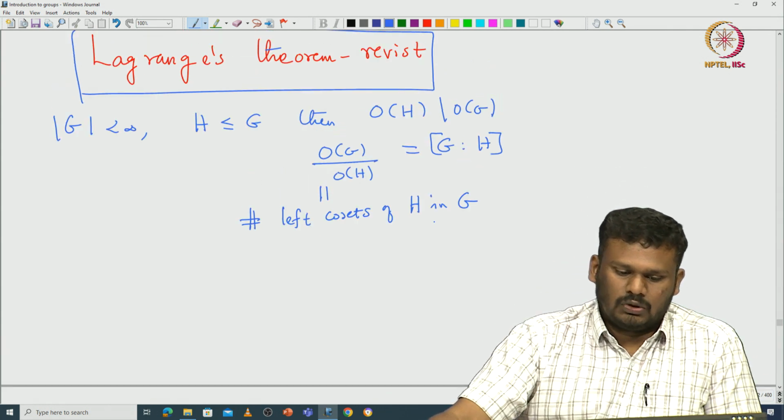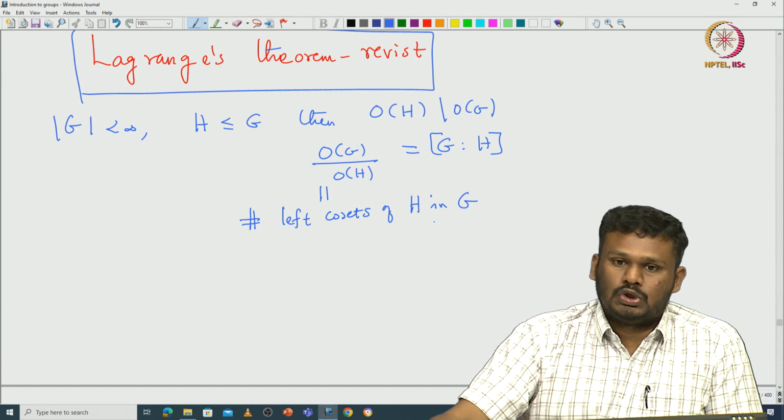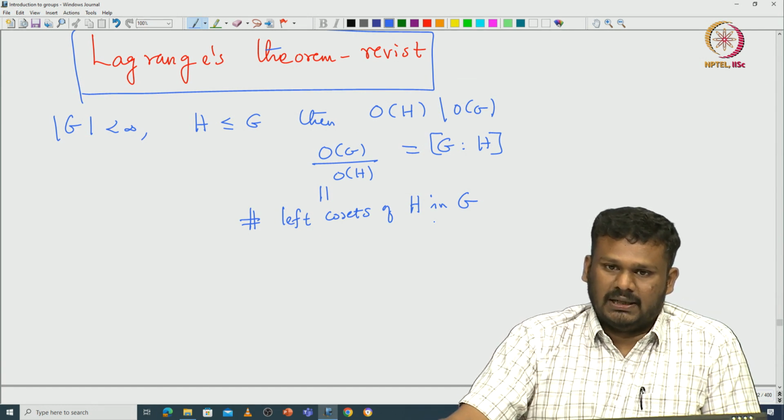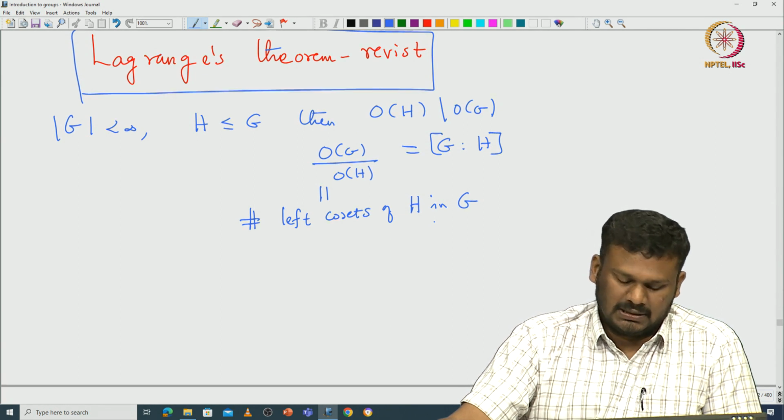Okay, so now to prove Lagrange's theorem, we need to choose the correct group and set capital X and then the correct group action.